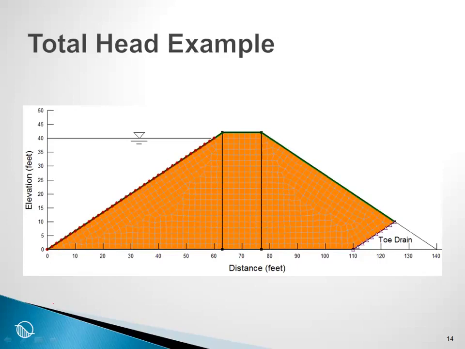Well, let us look at this point here. This example is in terms of feet. The total head is equal to the pressure head plus the elevation, which is a pressure head of 0 plus an elevation of 40, so the total head is 40 feet.